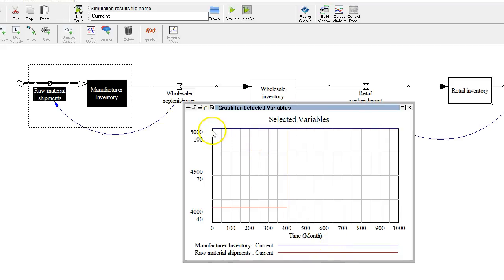And the manufacturer inventory remains at 5,000 all the time, which was the objective, and the shipment just switches from 50 to 100 at t equals 400. So this is a very good behavior.